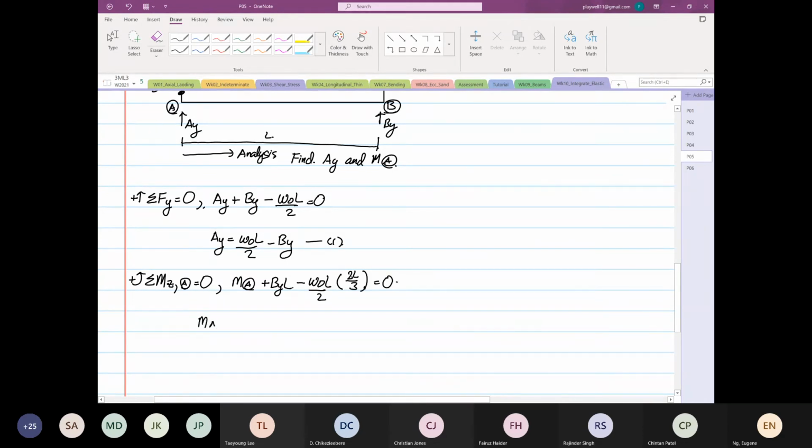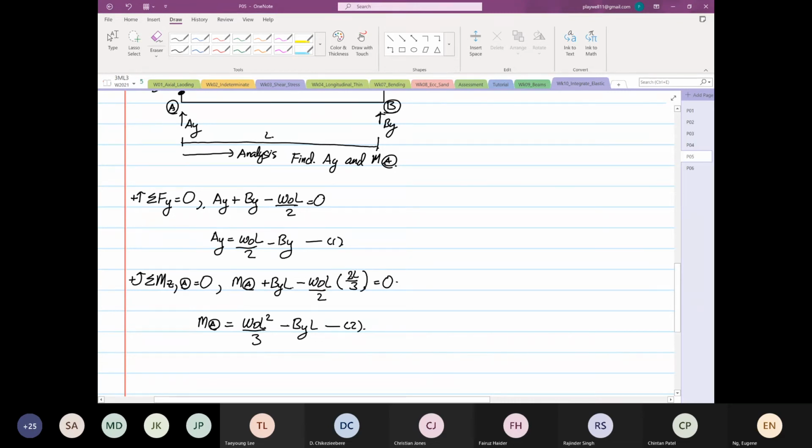So moment at point A is equal to plus omega naught L squared over 3, right? Then minus BY L. So this is your equation number 2. Okay.